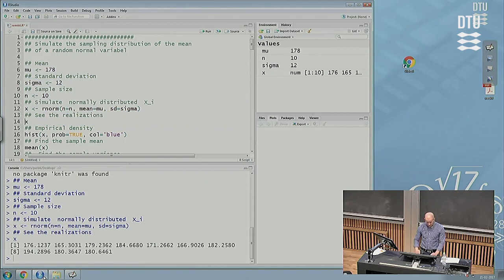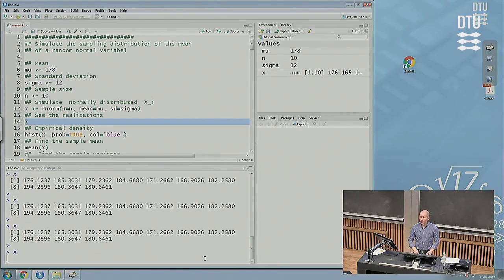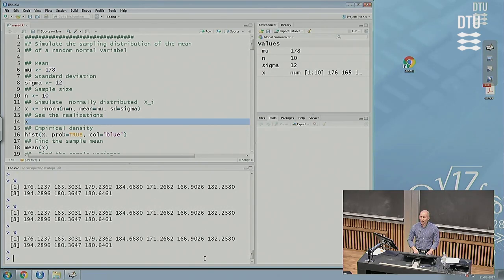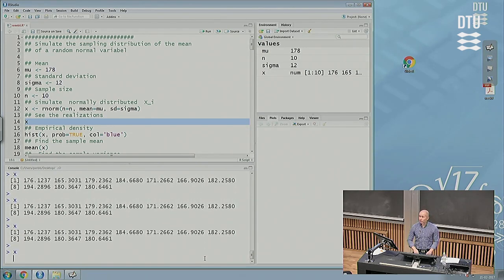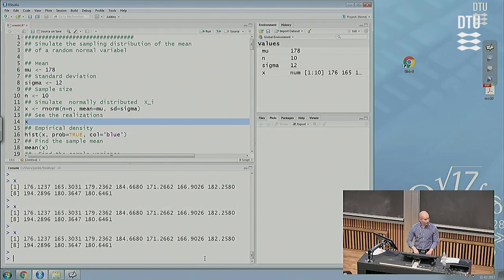I could do it again. That's the fantastic thing. You see this? I can play around with taking samples of 10. This is a pretty neat feature of the computer, because now I can play around with how reality could hit me.